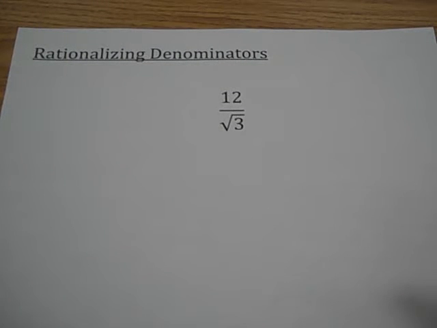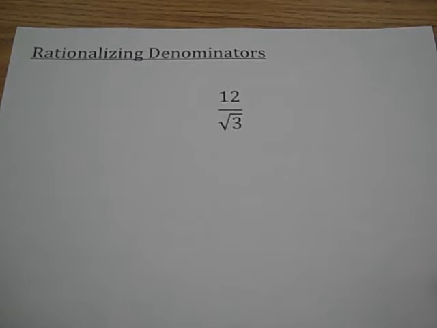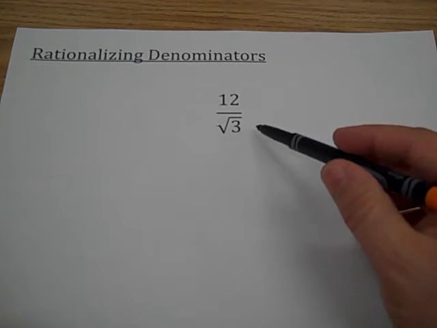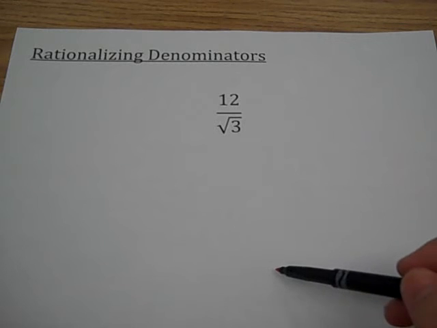So the next kind of idea we need to talk about with square roots is rationalizing denominators. Now we've talked about this when we did our special right triangles lesson. We had a conversation about this in class. It's important enough to know that we're going to talk about it again here. We don't like to have square root symbols in a denominator.